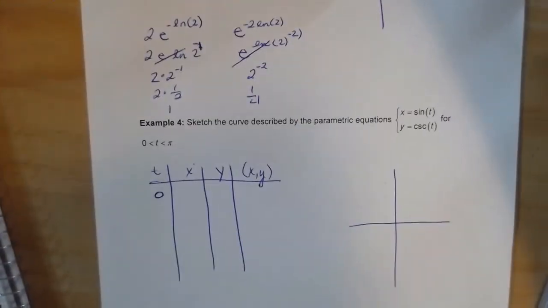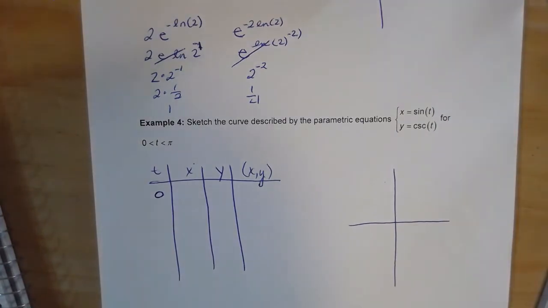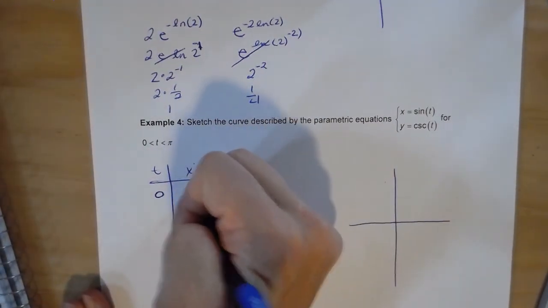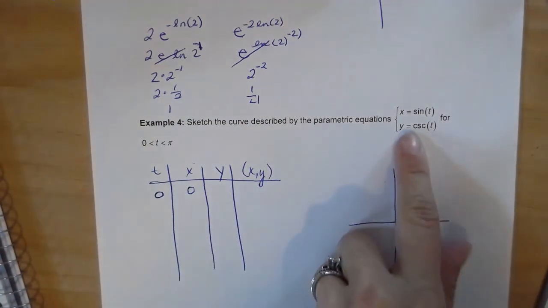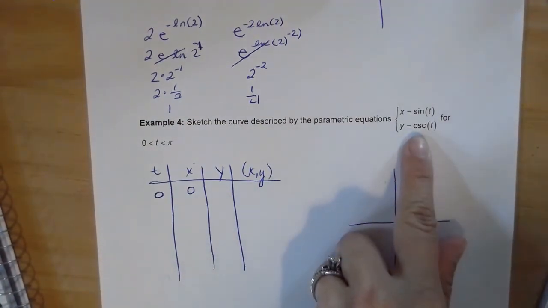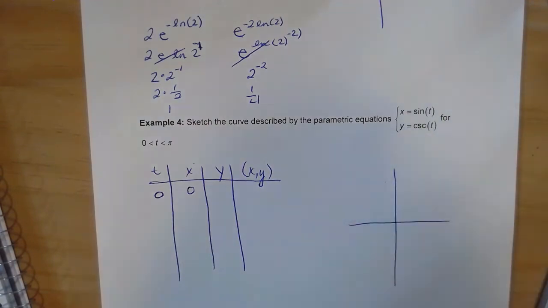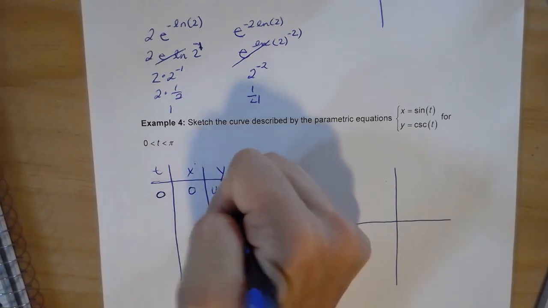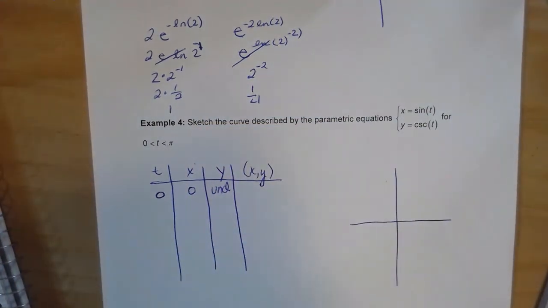Alright, so when we look at sine of 0 is 0, right? But if I were to do the reciprocal of that, and I kept saying inverse, but I meant reciprocal, I would get undefined. Okay, so that doesn't exist, right? We don't have a point there.